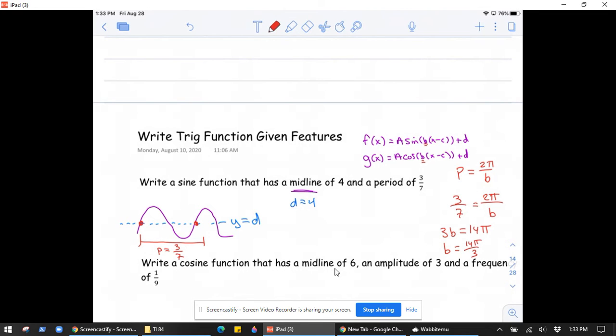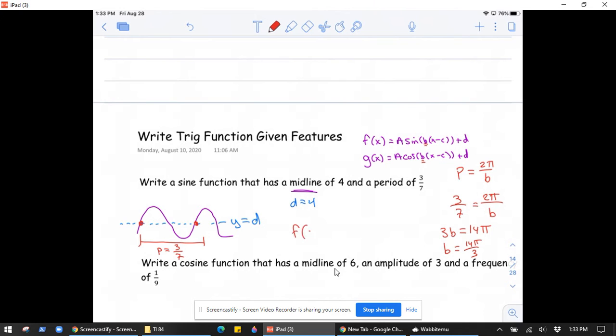And because that's all we're given, we can freely choose our a and our c. So I'm going to let c be 0 and a be just 1. I might have said that we have a choice on d, but obviously we don't. d is 4.